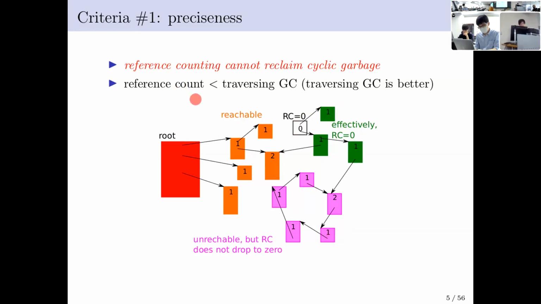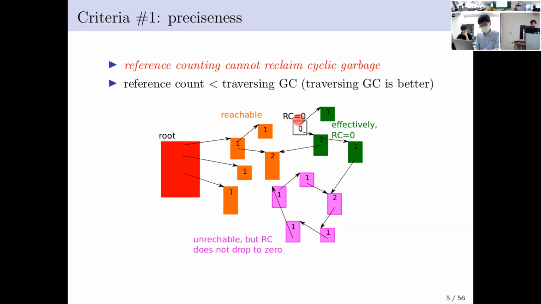But in the case of reference counting, which maintains the number of references each object is pointed to, these pink objects are not going to be collected, even though they are actually unreachable. They are not reachable from the root, because there are these cyclic references. They point to each other so that no object will have a reference count of 0. So those green objects are going to be reclaimed.